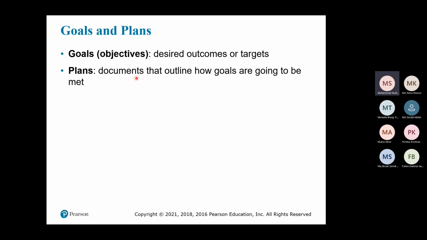And then the plan is the document that outlines how goals are going to be met. So after we decide what the goal is, then we decide how we want to achieve the goal. We outline the steps or the procedure to achieve the goal. So these are the two main components in planning. First, we need to have the goal, and second, we need to have the plan.